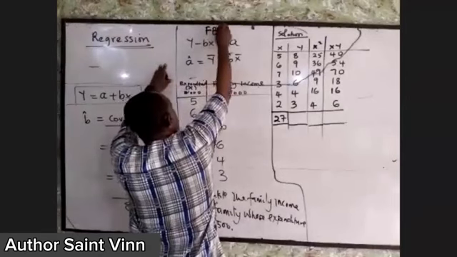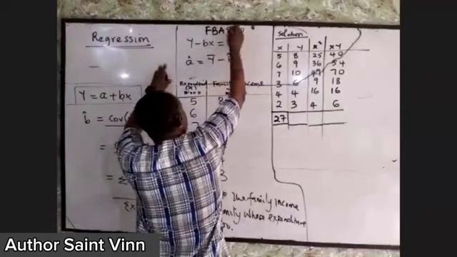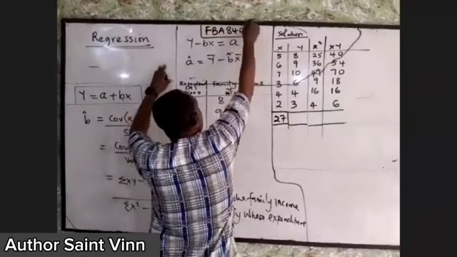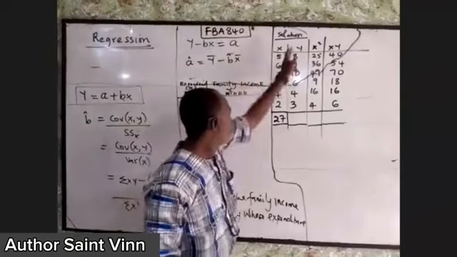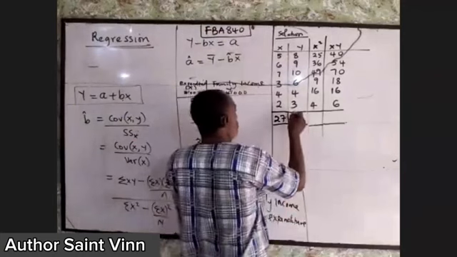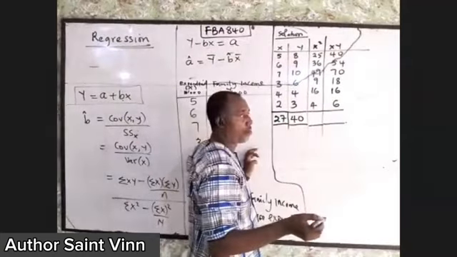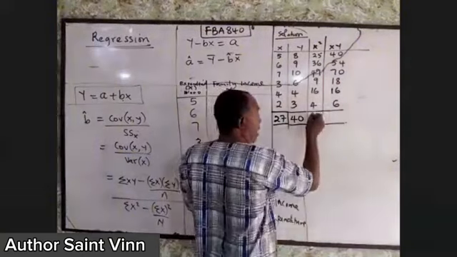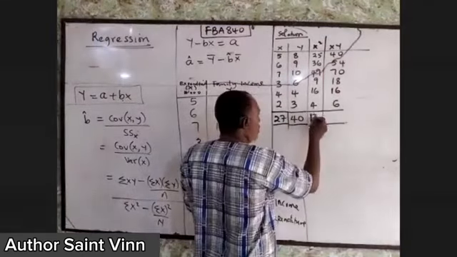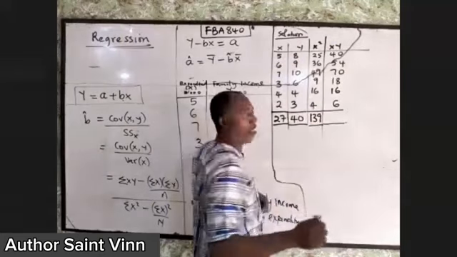This is 840, I suppose. Let me write it too. Total here, 40. This is 139. The next one.